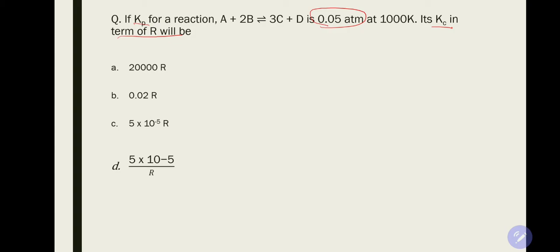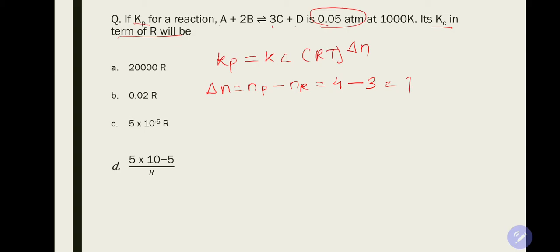Simple, there is just one formula, that is, we have seen what is the relation between Kp and Kc. Kp is equal to Kc into RT to the power delta n. Now here what is the value of delta n? Delta n is given by number of moles of product minus number of moles of reactant, which is equal to 3 plus 1, that is 4, minus 1 plus 2, which is 3.